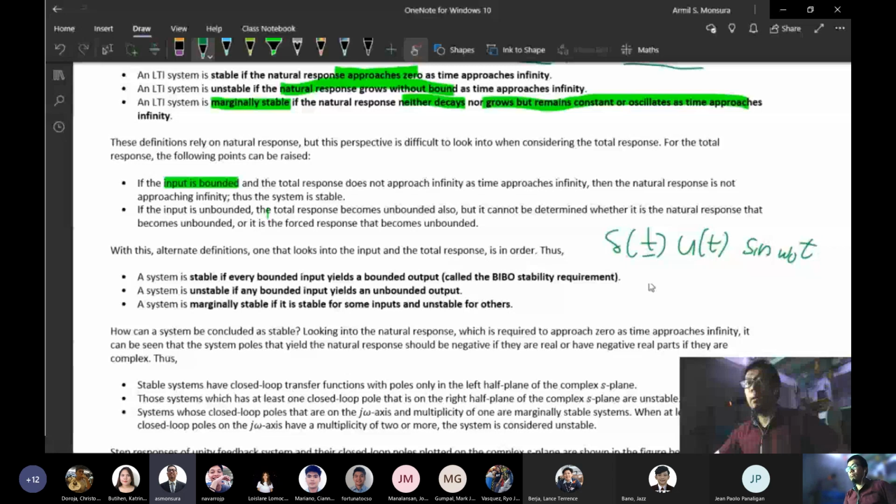The ramp function, which is t u of t, and the parabolic function, these two are unbounded inputs or unbounded signals, kasi yan ay tumataas as your t approaches infinity. So itong delta t, itong u of t, at saka itong sinusoidal natin, these are bounded inputs or bounded signals.